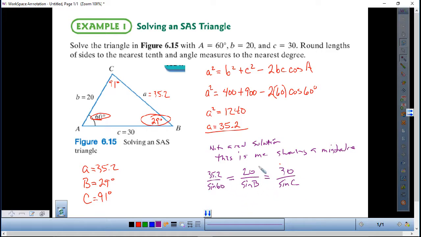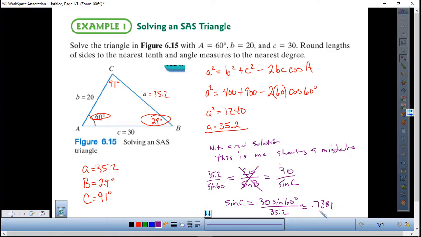So if we do our multiplication, we're kind of ignoring this. So 35.2 times the sine C is equal to 30 times the sine of 60. So that means the sine of C is going to equal 30 sine of 60 divided by 35.2, which is approximately 0.7381.